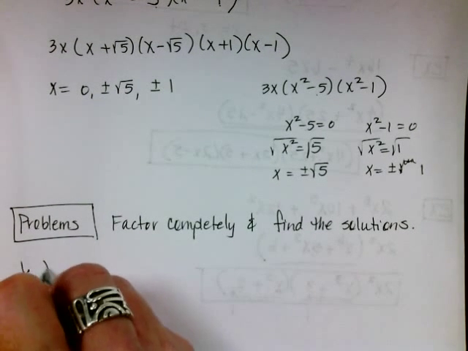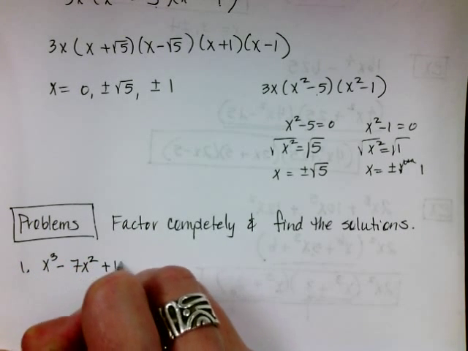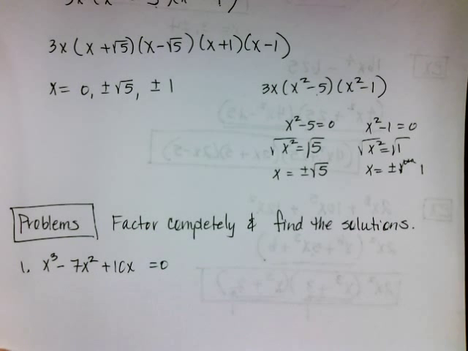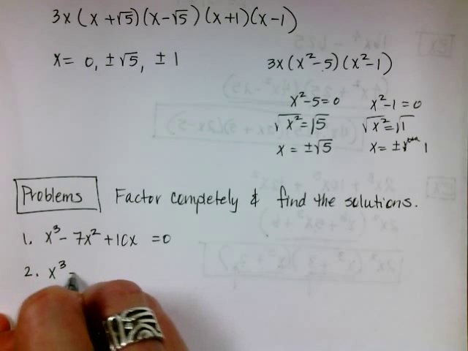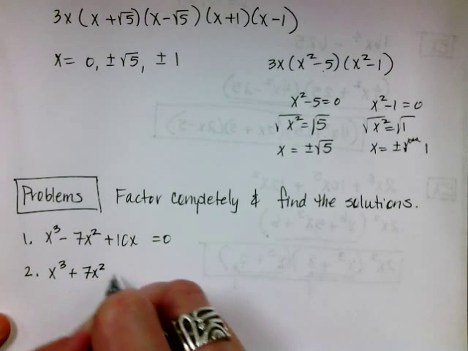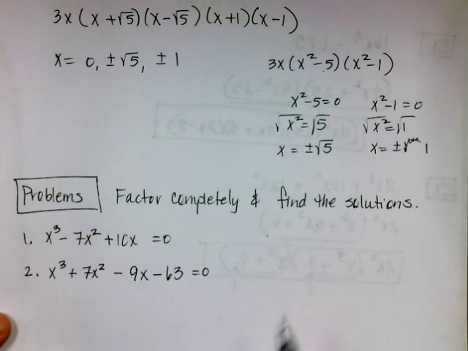Number 1, x cubed minus 7x squared plus 10x equals 0. Number 2, that's a cubed by the way, x cubed plus 7x squared minus 9x minus 63 equals 0.